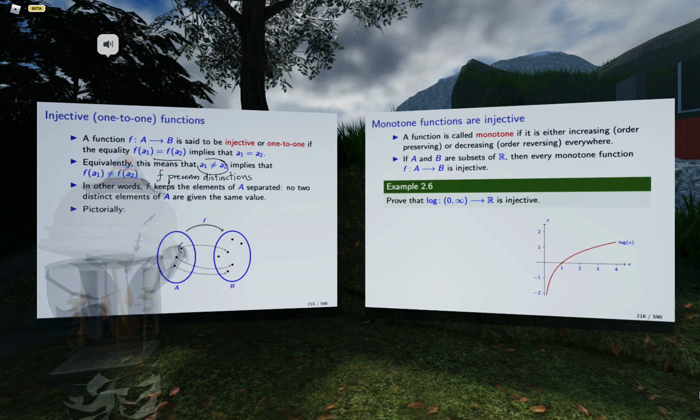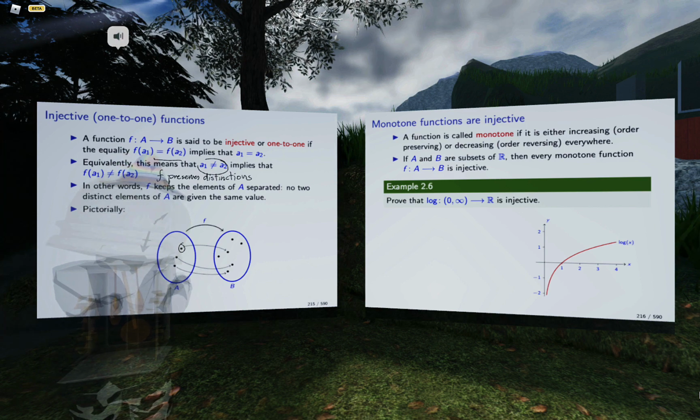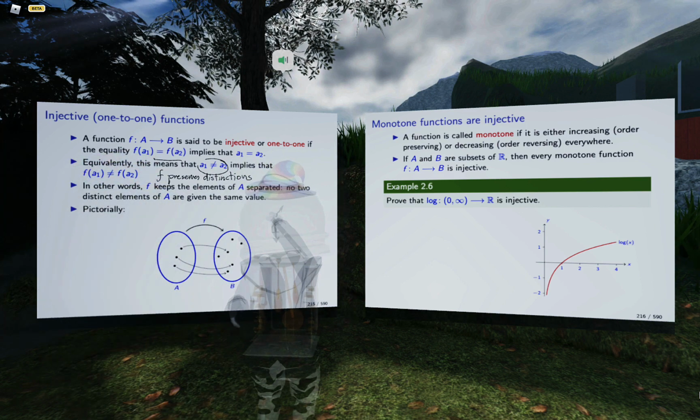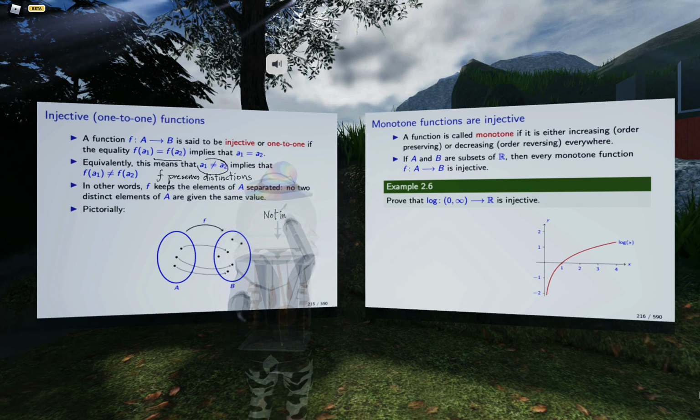Okay, and as you can see in this picture, there are three elements, distinct. I mean, the dots are in different places, and they map to three distinct elements over there. So if I was to draw something that's not injective, hopefully you can imagine it before I draw it.